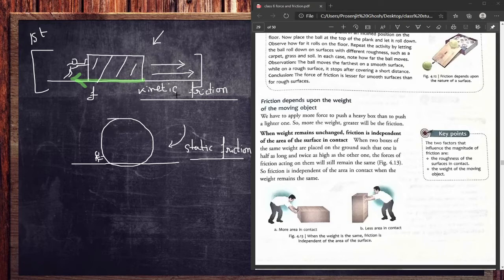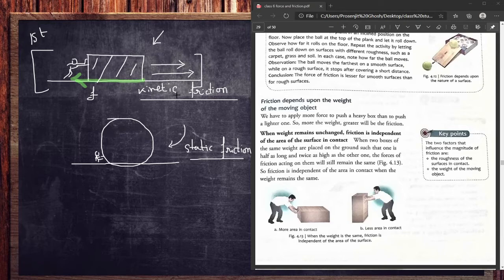Coming to static friction, you will say, while the body is not moving further due to friction, that is called static friction. Remember that. You must write these two definitions in your copy.